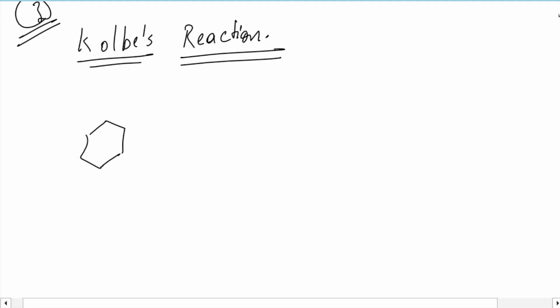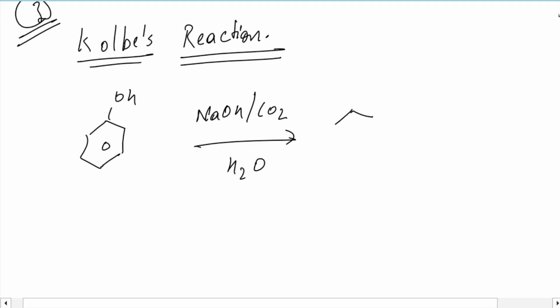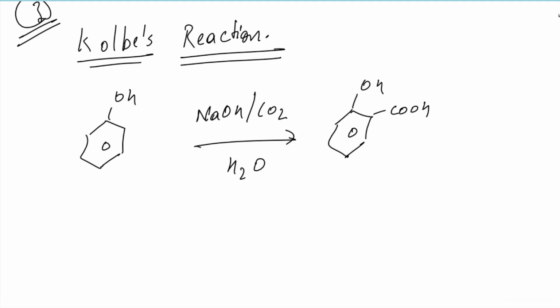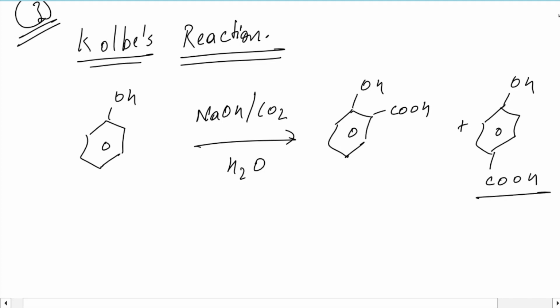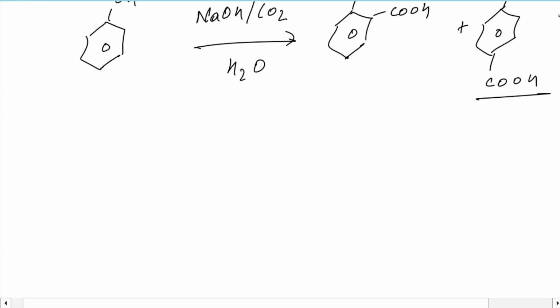It's phenol getting reacted with NaOH in the presence of CO2, followed by reaction with H2O, and it gives you ortho salicylic acid. Next to this is the Reimer-Tiemann reaction.